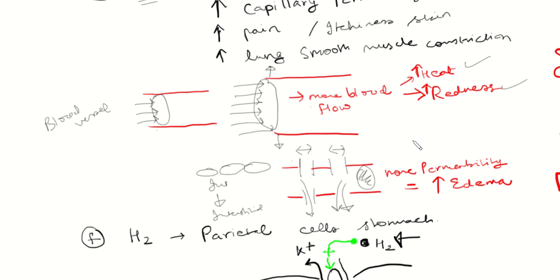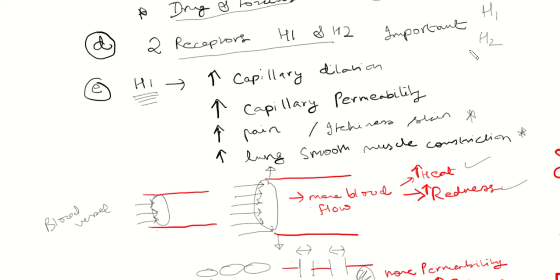And more specifically in the lungs, it causes smooth muscle constriction. Now, this sounds very similar, right? The concept goes back to inflammation, which is a big, big way of how the immune system works. Inflammation, at the core of it, is an immune response designed to clean debris.